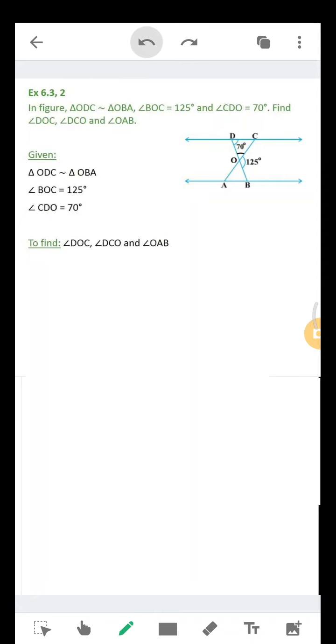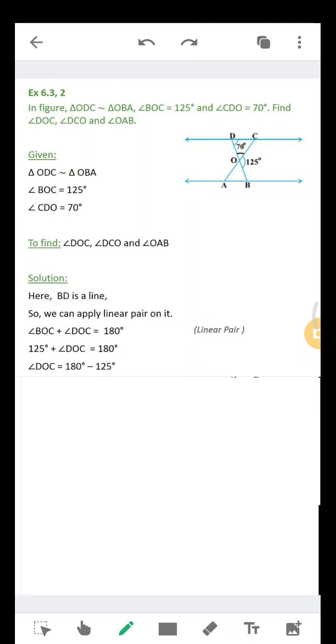This is nothing complicated. We can use any rule of geometry which you learned in the previous class also. You can clearly see this is a linear pair here. I can use the linear pair axiom and find angle DOC, because BD is a line. So BOC plus DOC, these two angles, if I add up, I'll get 180 because it's a linear pair.